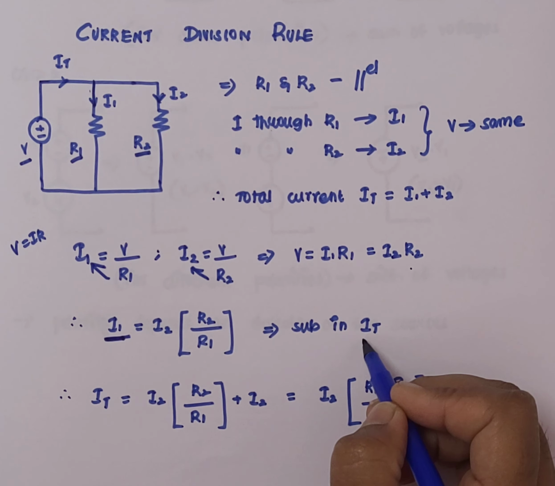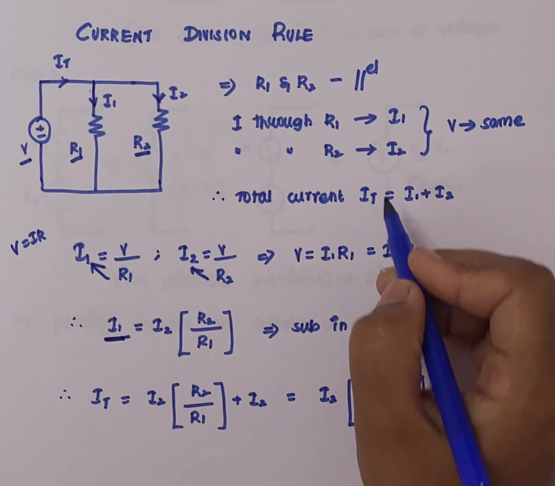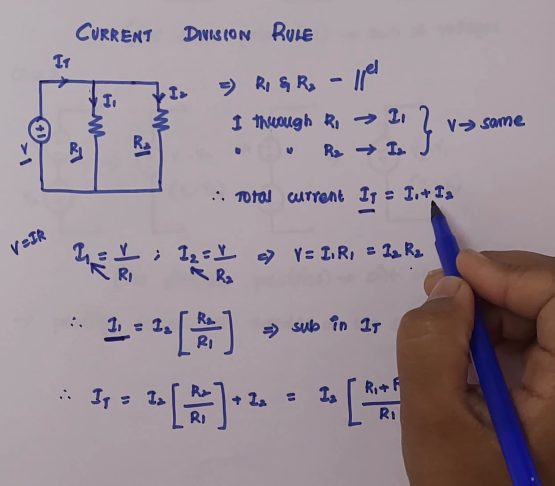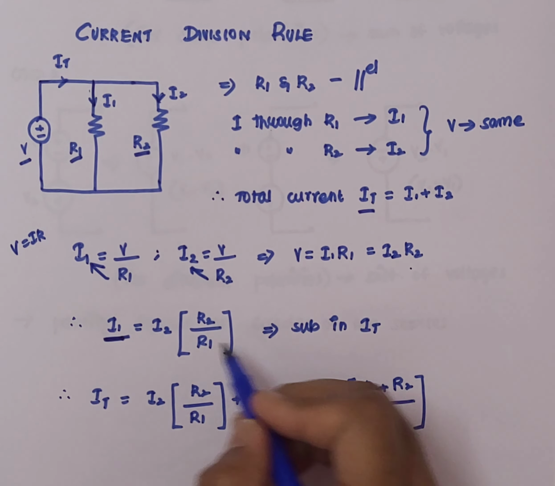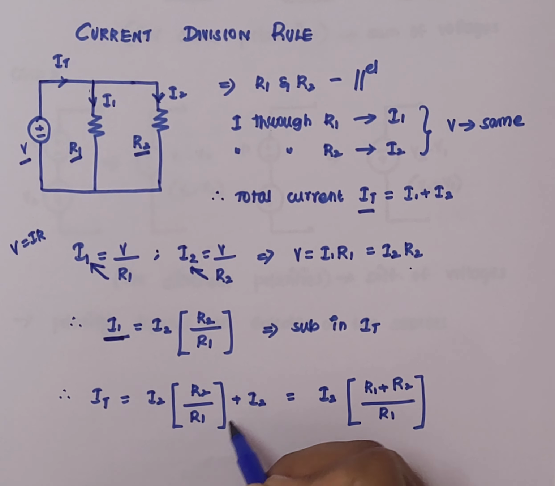Now we need to find the value of the total current. The total current IT is equal to I1 plus I2. We will substitute this equation of I1 into the equation for IT. So I2 into R2 by R1 plus the remaining I2. Let us rearrange it to get a standard form.